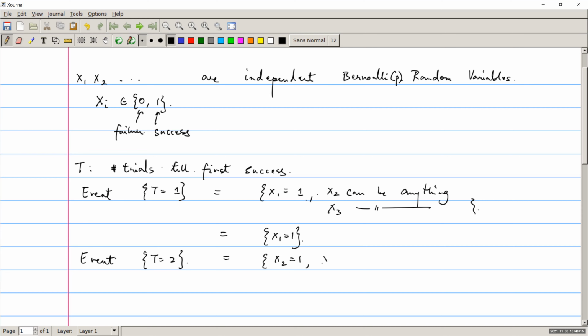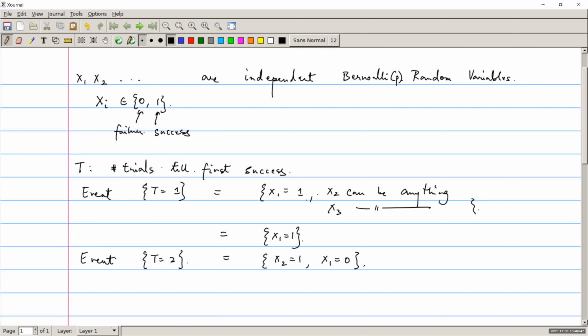X1 must be 0, because if X1 was 1, T would not be 2, T would be 1. If X1 equals 1, your first trial was already a success. So for the event T equals 2, we must have failed in the first attempt to have succeeded in the second attempt for the first time.